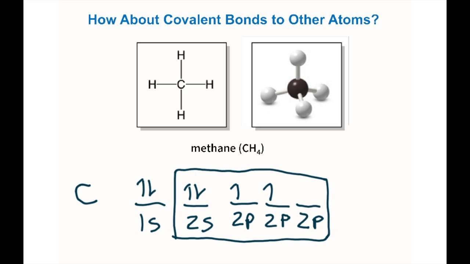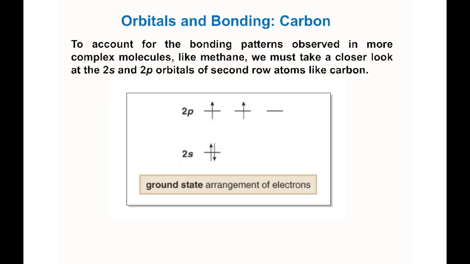And remember, even though we write these ground state electron configurations out in a single line, these orbitals or subshells are not all of equal energy. So the second shell is going to be of higher energy than the first shell, and within that second shell, you're also going to have this degenerate subshell of these three 2p orbitals that's going to be higher in energy than the 2s orbital. And so this is what we really have in the ground state electron configuration.